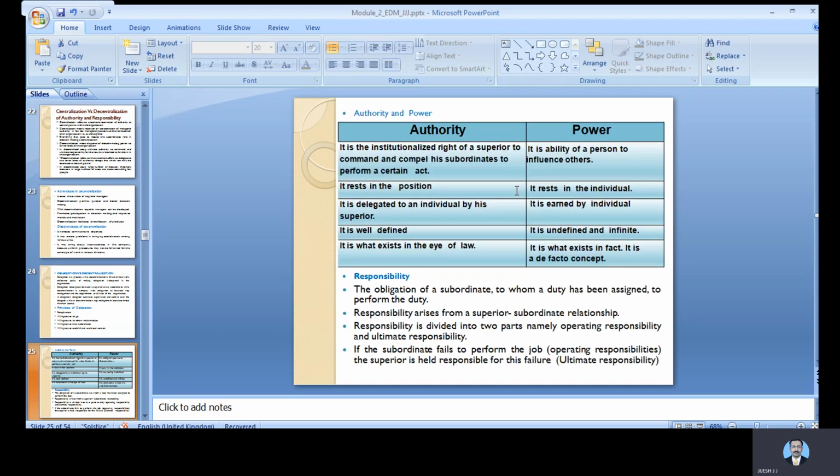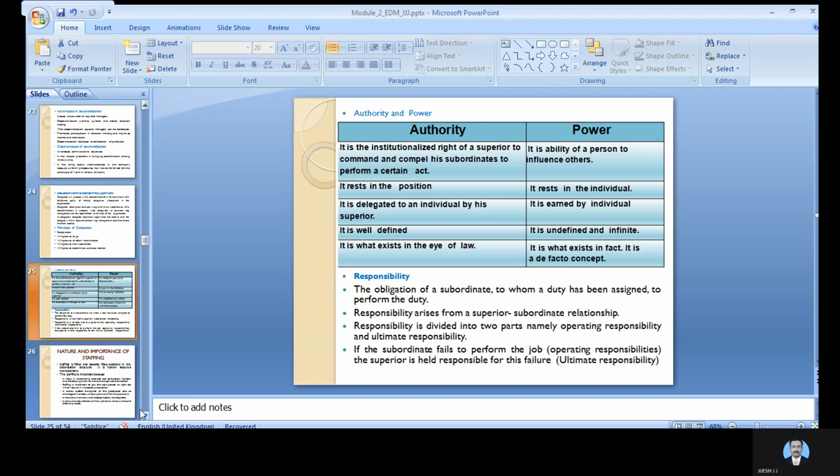So let us also add certain things like authority and power. Authority and power are very important concepts. Authority is the institutionalized right of a supervisor to command and compel the subordinates to perform a certain task.